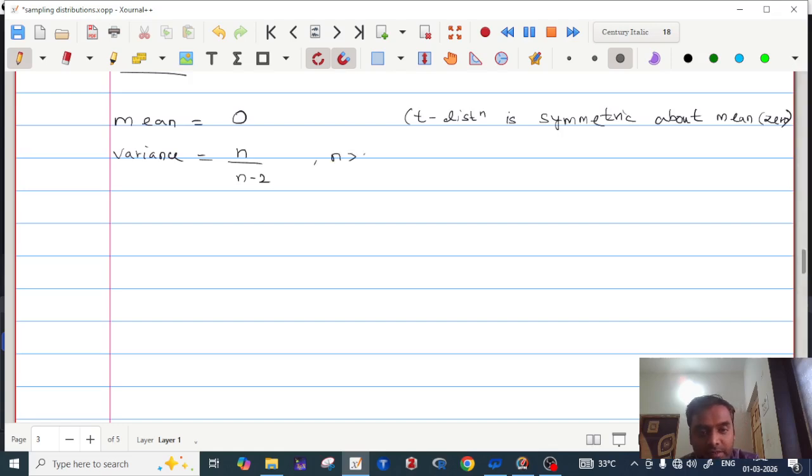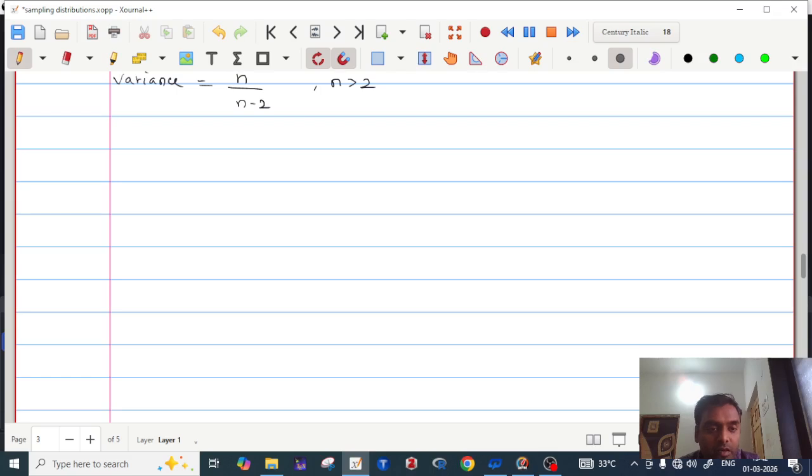Here n is greater than 2. Now the central moments of odd order. We know that if any distribution is symmetric, then its central moments of odd order will be 0.